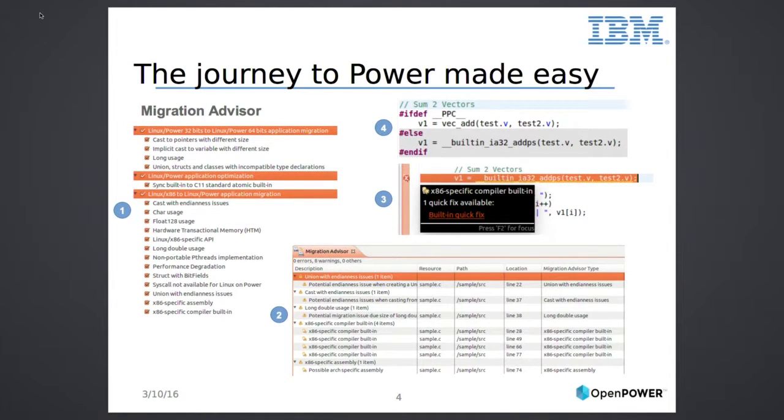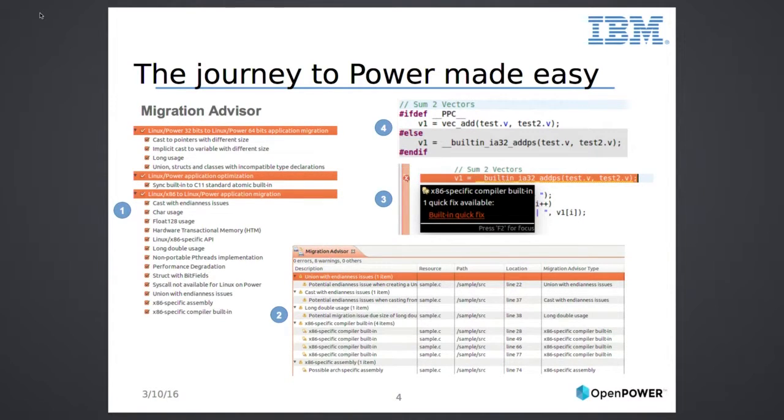So if you want to start your journey to Power, the first part of it is migrating your application from x86 systems to the Power, Little Endian or Big Endian. And we have the tool called Migration Advisor. This tool performs a static analysis of your source code, then identifies possible problems and provides quick fixes and suggestions on that.